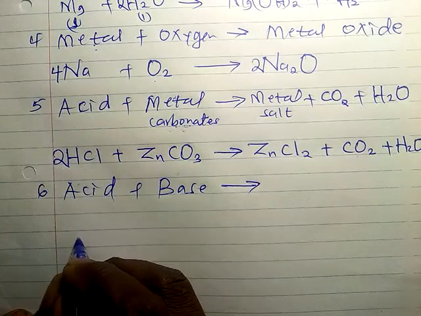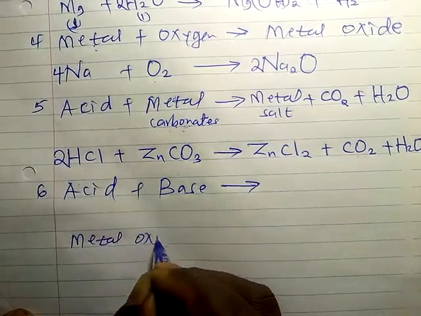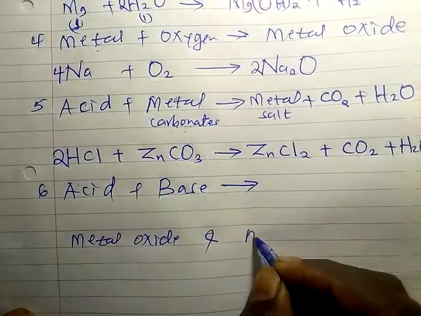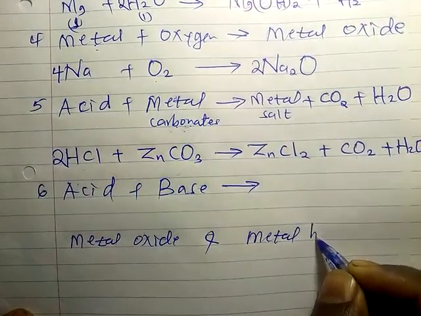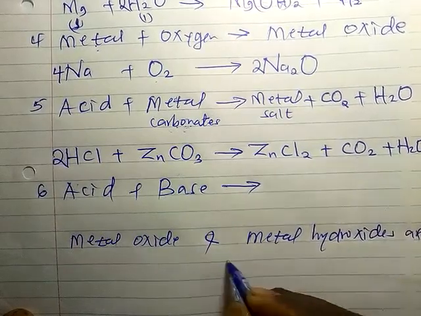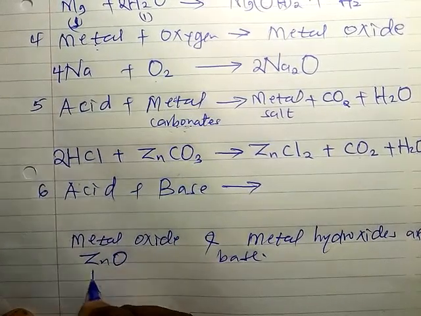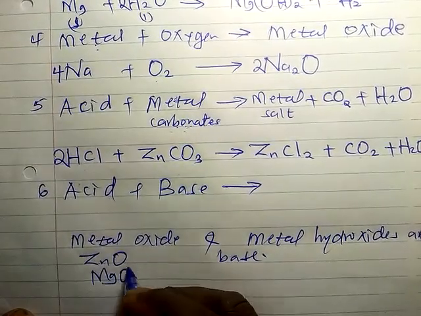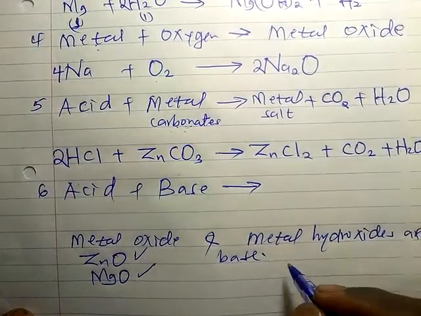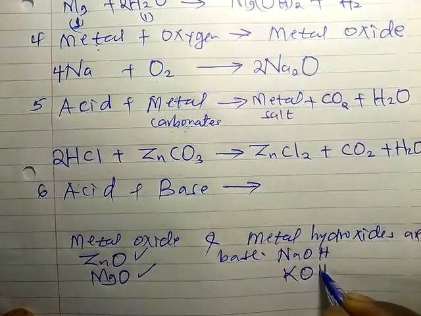Base, we have 2 types: metal oxides and metal hydroxides are bases. For example, zinc oxide, magnesium oxide, these are the bases. Sodium hydroxide, potassium hydroxide, these are the bases.